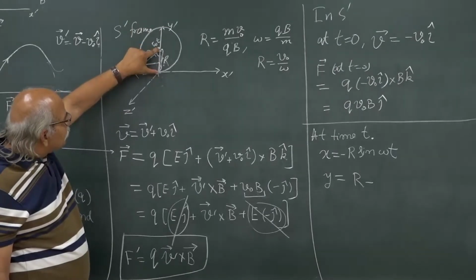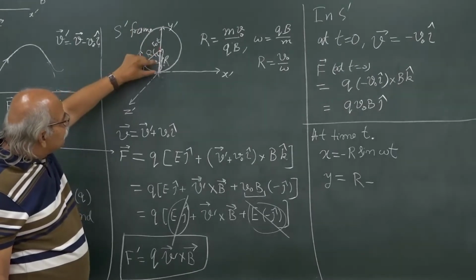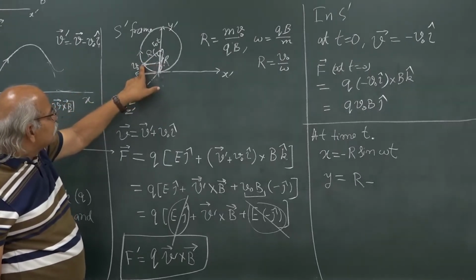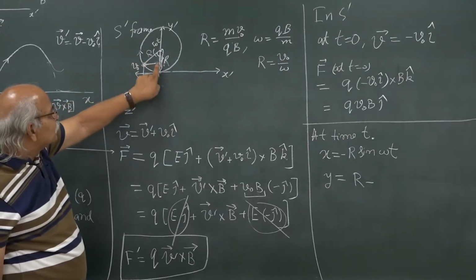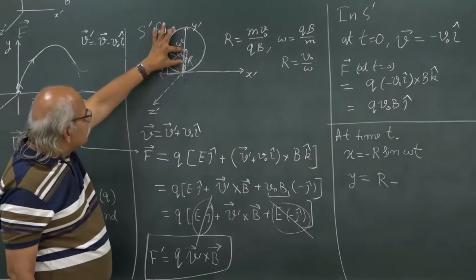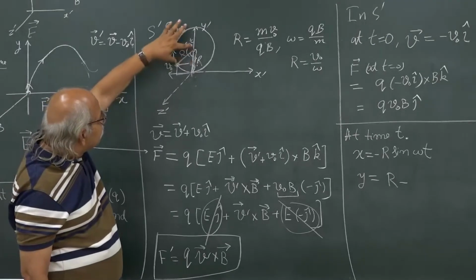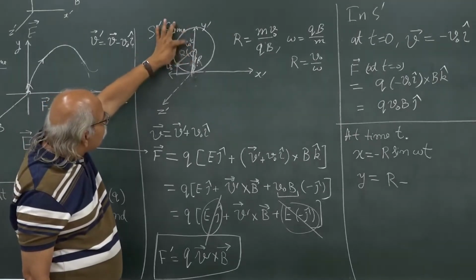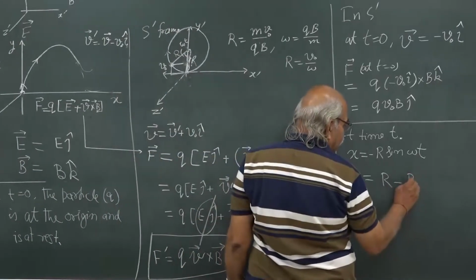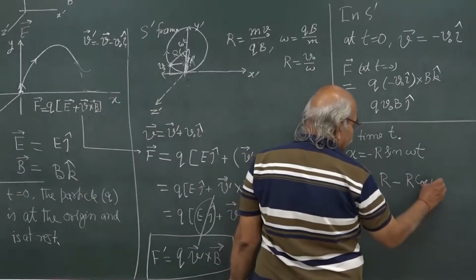In the direction of y, the particle is here, so this length is the y coordinate, and this length is this capital R minus this. And how much is this? This is capital R cos of omega t. So y is R minus R cos of omega t.